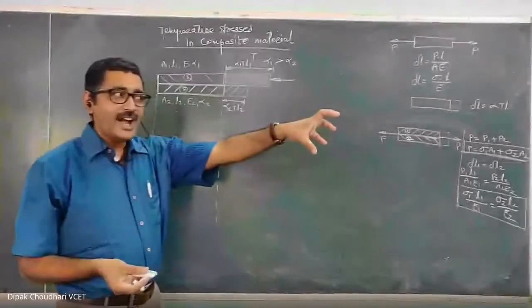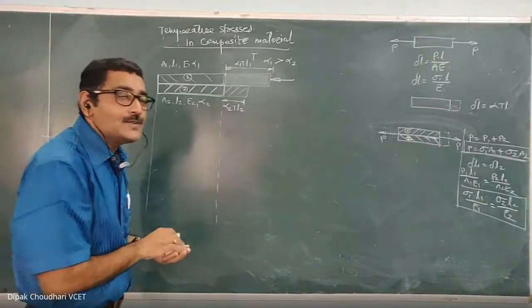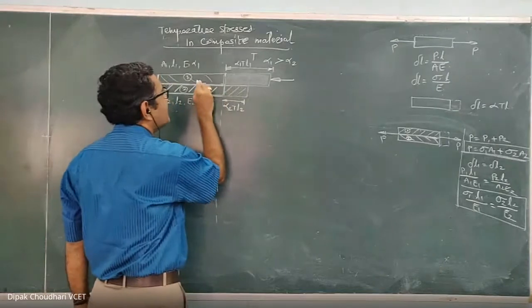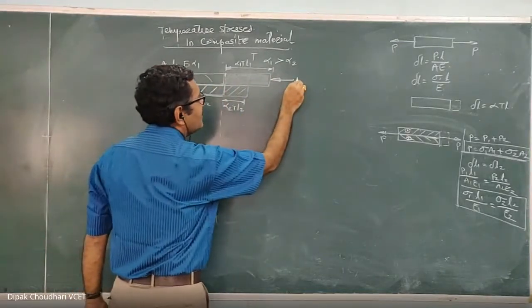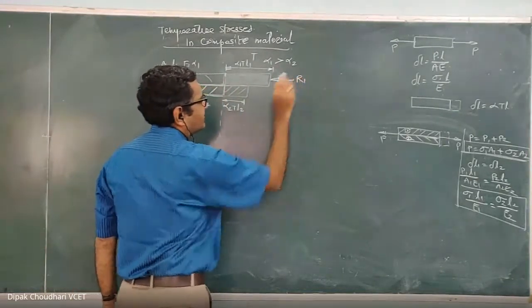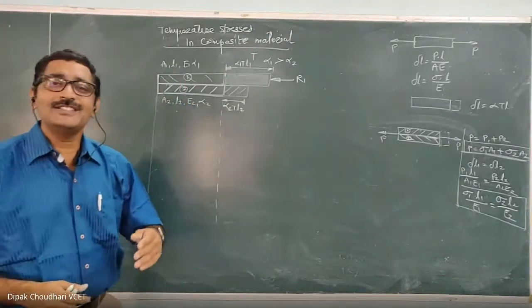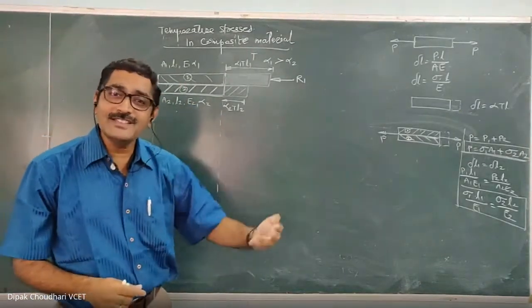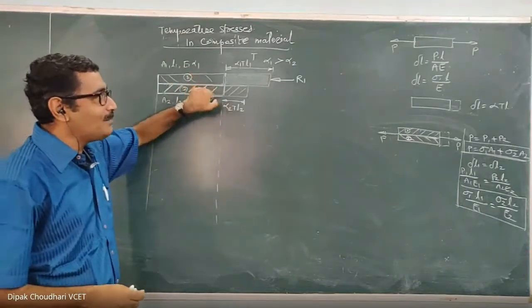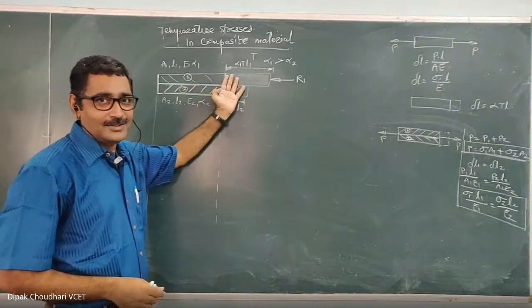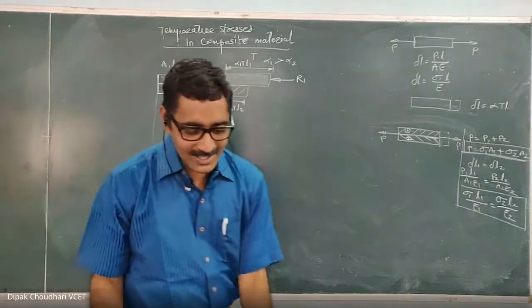Material 2 will apply the opposite kind of reactive force on material 1. So let us denote this as R1. Now what is this R1? Actually this is the reactive force exerted by material 2 on material 1. Suppose these are two different materials.